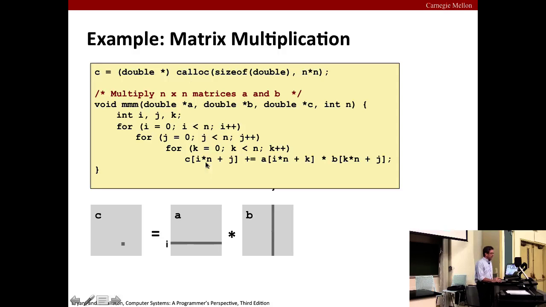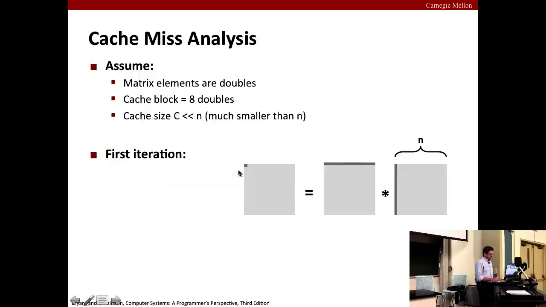Here, C[i*n + j], this is an n by n matrix. I'm computing where the ith row starts, then going to the jth column of that row and accessing that element. But it's the same idea as before.